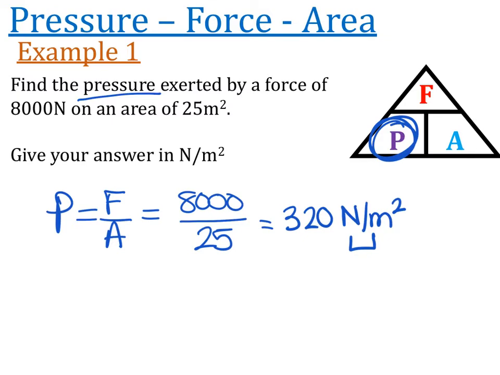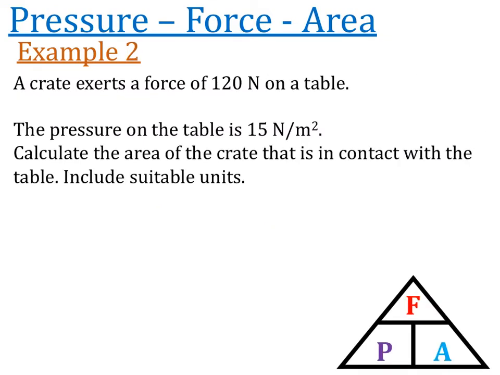Let's try another one. Example 2. A crate exerts a force of 120 newtons, so that's the force, on a table. The pressure on the table is 15 newtons per meter squared. So this is the pressure. Calculate the area. They want us to find the area of the crate that is in contact with the table. Include suitable units. If we're looking for area, I reckon we're looking for centimeters squared or meters squared.